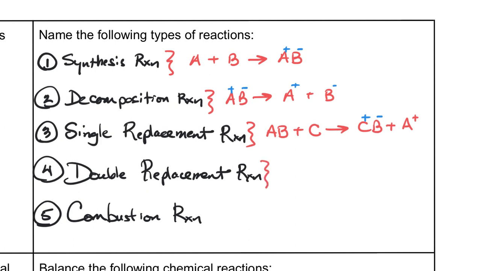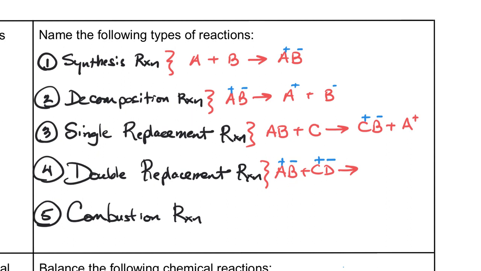For a double replacement, you've got two separate compounds, let's say AB and CD. Since we know that A has a positive charge, B has the minus, we also know that C has the positive and D has the minus. What we know will happen is that the A, because it has a positive charge, will combine with the negative of the other compound, assuming these compounds break apart, since they'll more likely be ionic compounds.